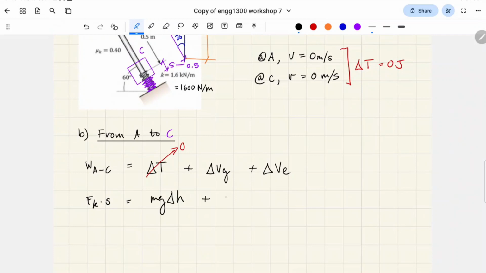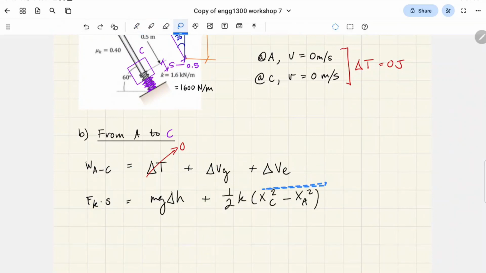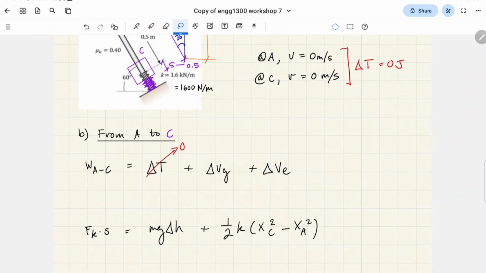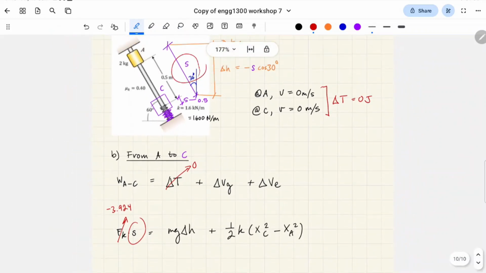Just write this through. Okay, so we calculated FK before, that was in part 1. We don't know S. S is the total displacement, so that's what we're going to be solving for.